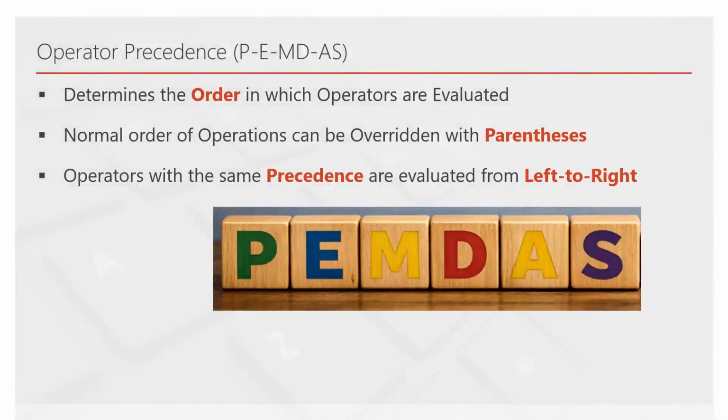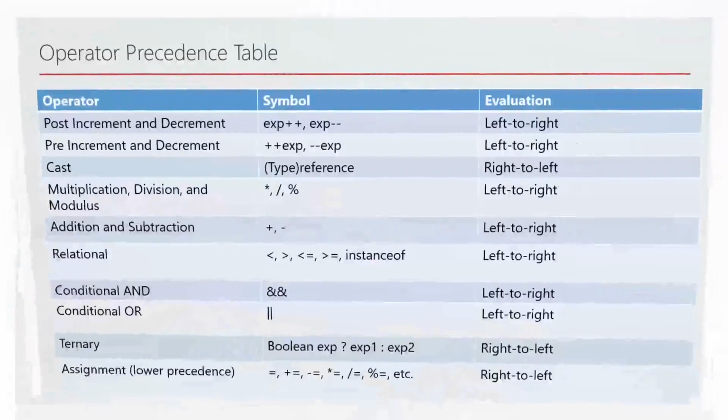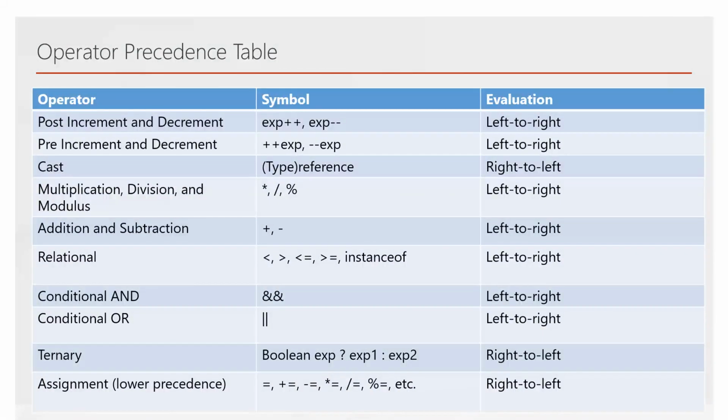Operator precedence determines the order in which operators are evaluated. Normal order of operations can be overridden with parentheses, and operators with the same precedence are evaluated from left to right. Here's an operator precedence table for the various operators in Java.